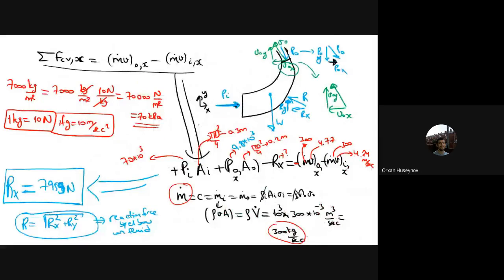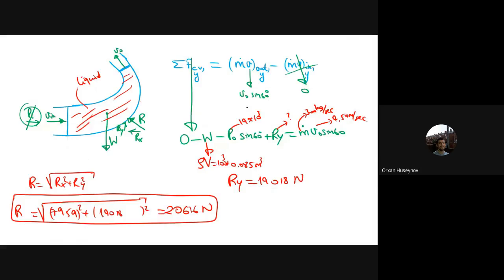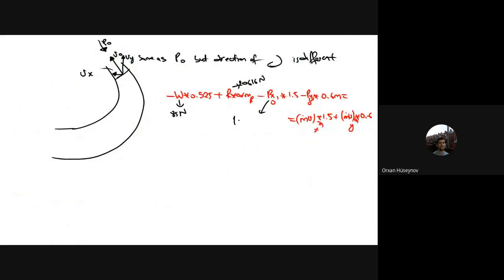So we have found the pressure value. It was from Bernoulli's equation, which is 19 kilopascals, and at outlet it will be multiplied by cosine. So it will be 19 times 10 to the power of 3 and cosine 60. Similarly, it will be 19 times 10 to the power of 3 and sine 60.